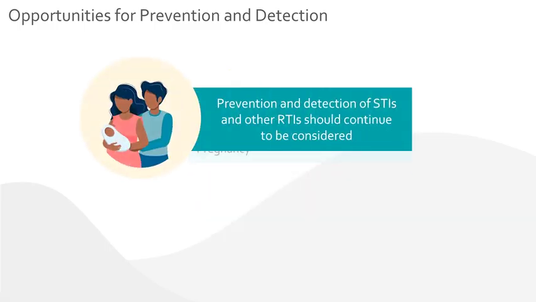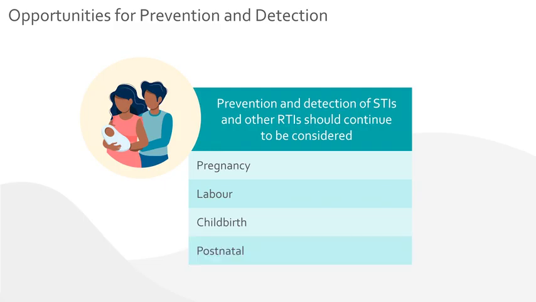During pregnancy, labor, childbirth, and postnatal periods, prevention and detection of STIs and other RTIs should continue to be considered by you, the clinician, and talked about with the patient. STI risk may persist in pregnancy, so prevention and screening are important to protect the health of the mother and her partner as well as the child.